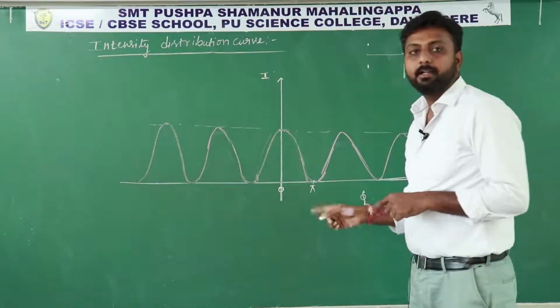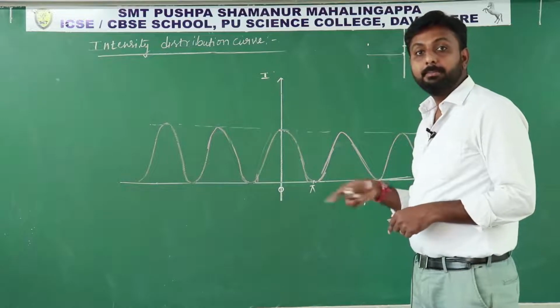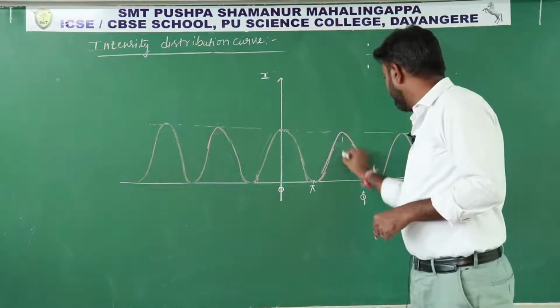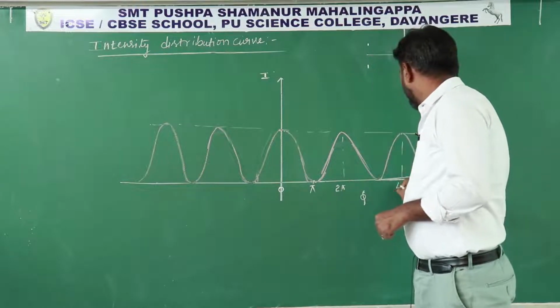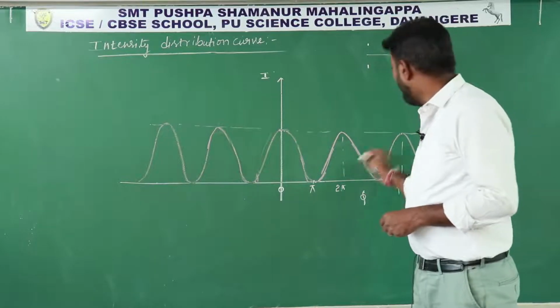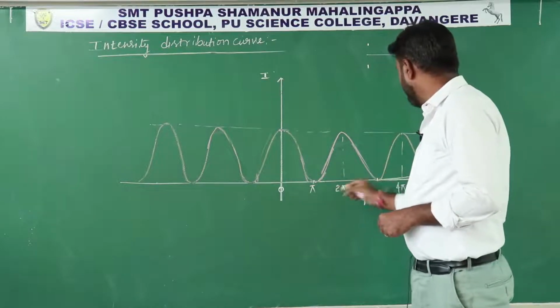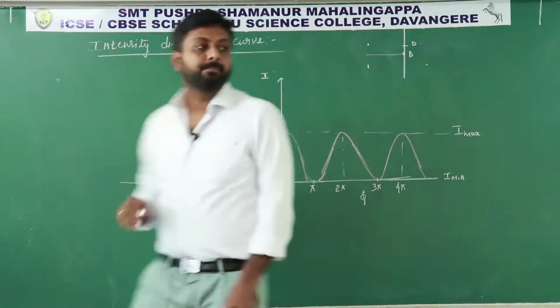So you have studied the condition for constructive and destructive interference. Even multiples of pi, that is 2 pi, 4 pi, intensity is maximum. Odd multiples of pi, pi, 3 pi, the intensity is minimum.